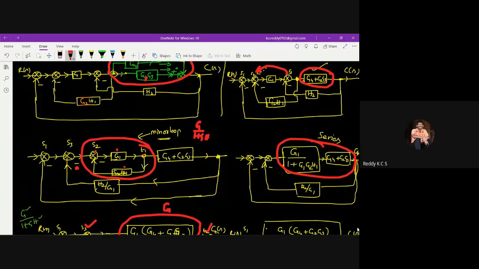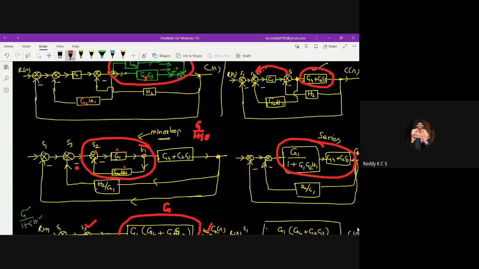Here G is G1 and H is G2 into H1, so that is replaced with G2 into H1. This whole thing is replaced with a single block. The rest I have written as it is, without changing anything else.